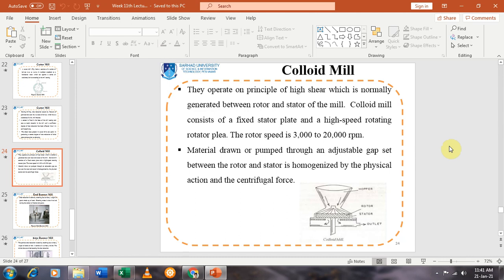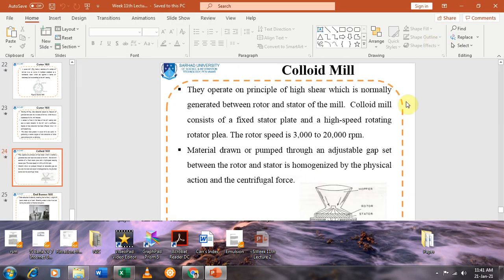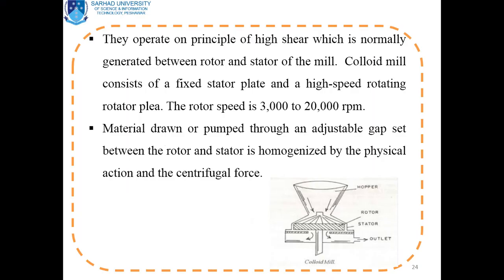Colloid mills operate on the principle of high shear, which is normally generated between the rotor and stator of the mill. In the colloid mill diagram below, you can see a hopper for introducing the feed, and the rotor and stator.